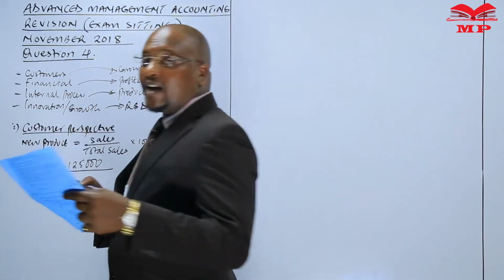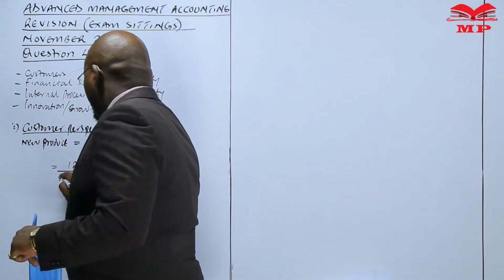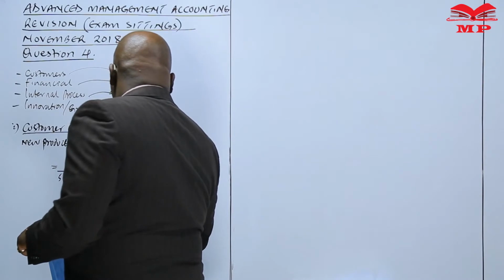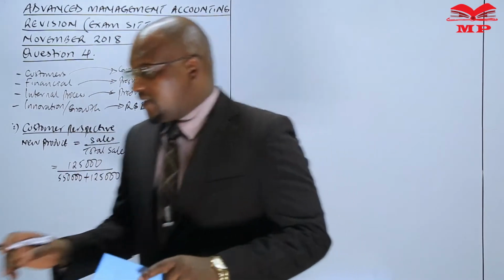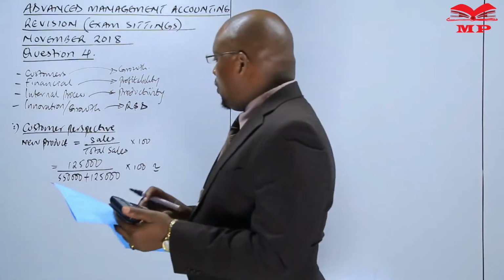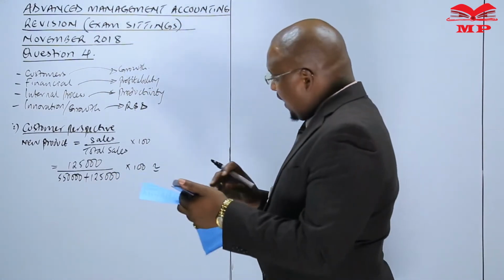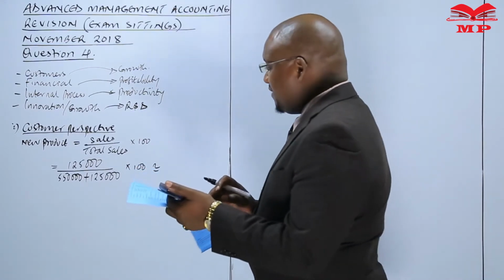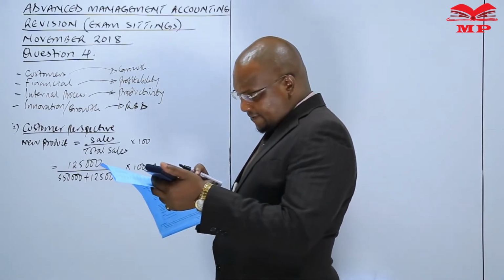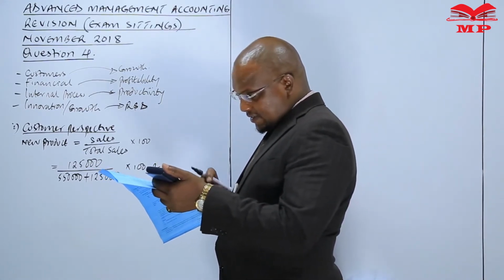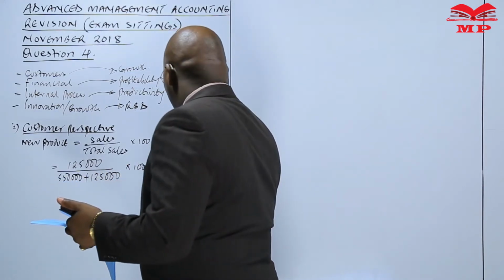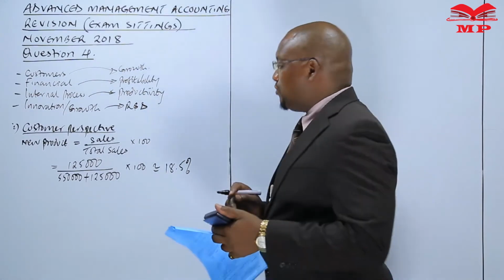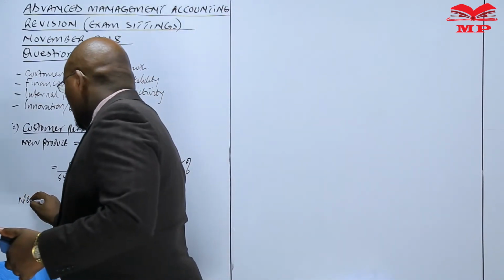You divide by total sales of the company, which is 550,000 plus 125,000, times 100. This is now taking the percentage of the new product on the total sales. So you have a total of 550 plus 125, so it is 675. You take 125 divided by the answer times 100. This is giving us about 18.5%.